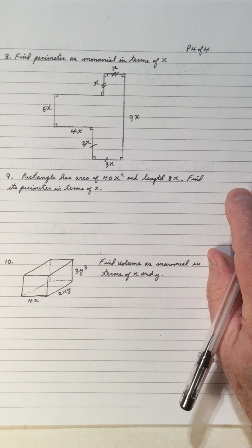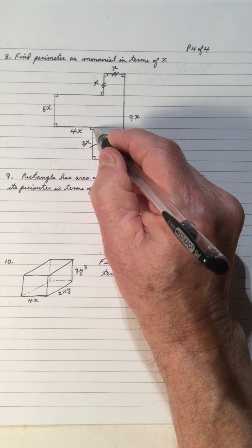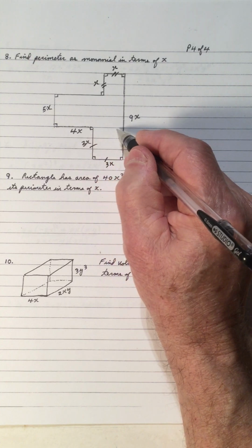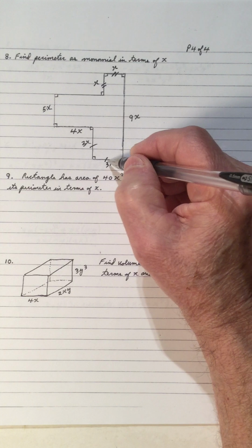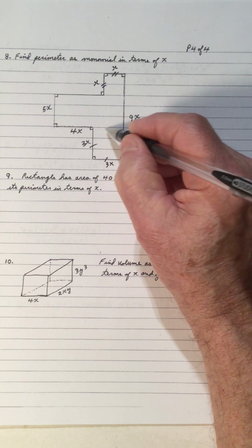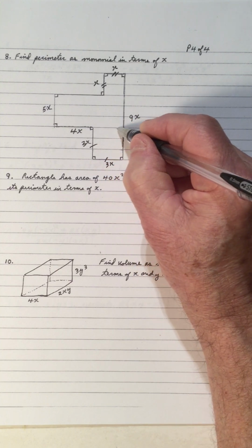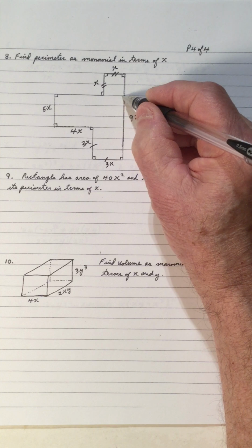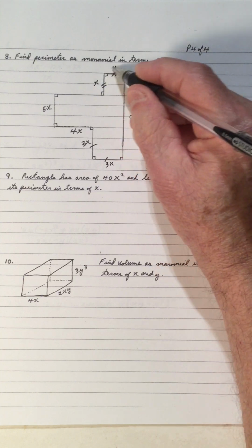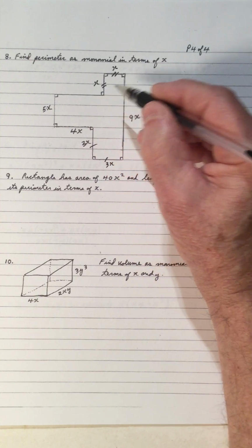So what happens here is that we're only looking for the perimeter, so we don't need to get into what this length is. We know what this is. This is a square because it has all right angles here. So if you drew this segment right here, you get 3x. If you drew this segment here, you get an x, but we don't need that. We only need the perimeter going around. Now we need the length of this side.